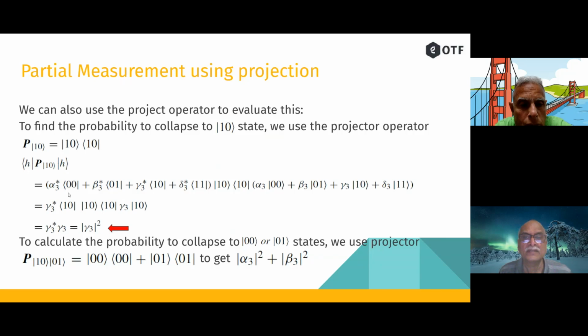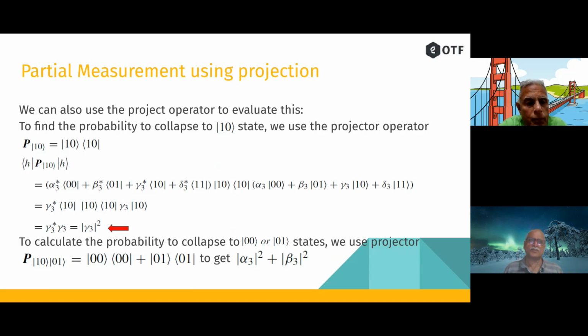So what we typically say is something like this. I can use the projection operator to identify what we call a partial measurement. Now, what is this projection operation?